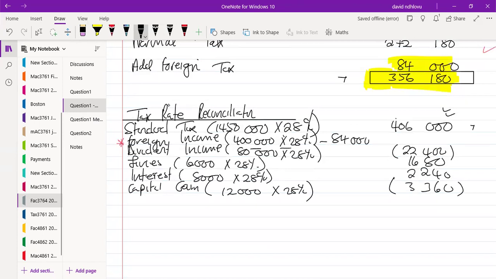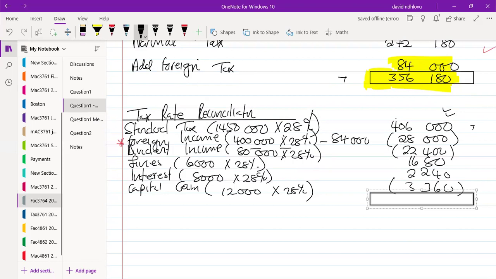So we say 400,000 by 0.28, the figure that we get minus 84,000, we are going to sit on 28,000 here. This is the amount that we are going to deduct. These are the only reconciling items in this question. We add everything together. 406,000 minus 28,000 minus 22,400 plus 1,680 plus 2,240 minus 3,360.